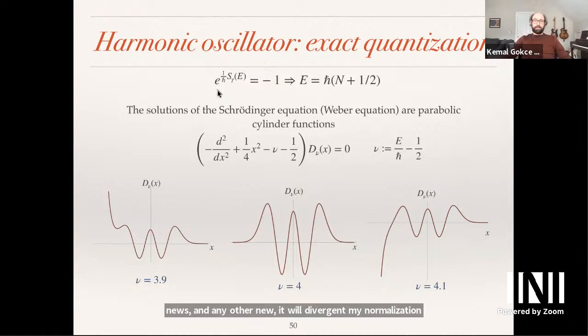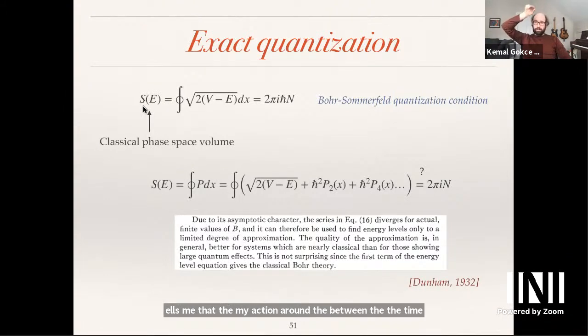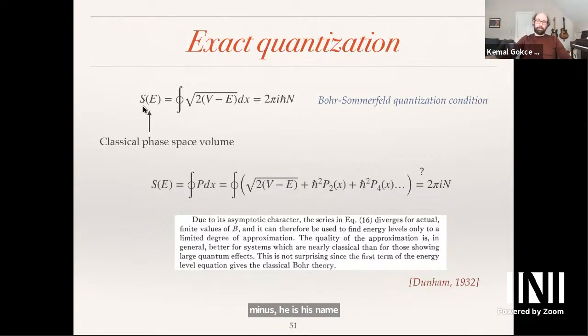Now this also has a nice interpretation. The exact quantization condition that I derived from the harmonic oscillator tells me that my action, between the turning points in the allowed region, when E is less than V, so that the particle is doing the nice classical oscillations, computes the phase space volume.